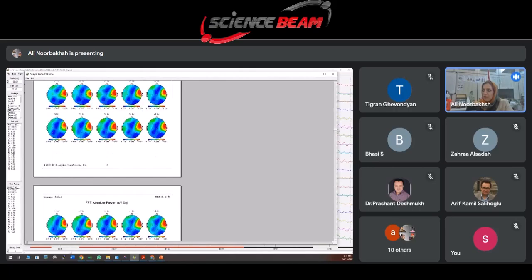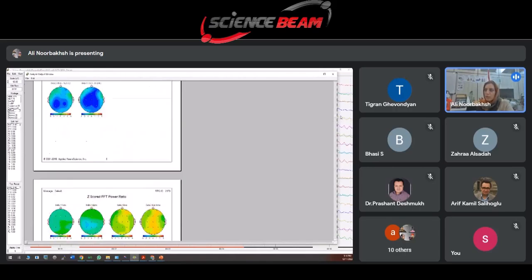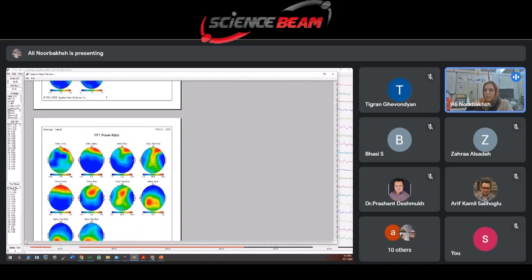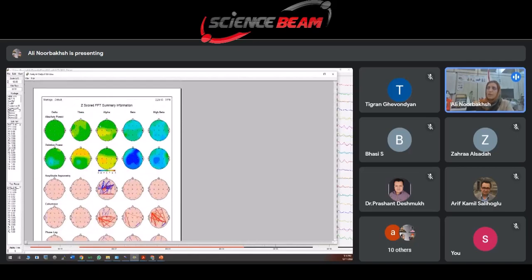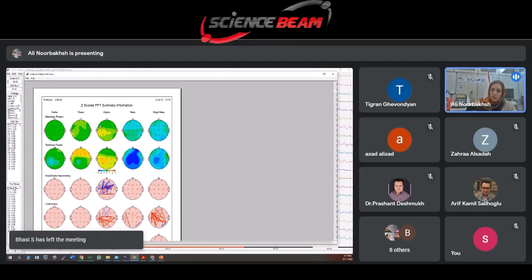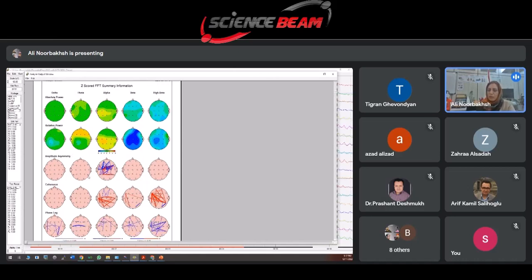And if you want, you can compare the left and right side with each other. When alpha increases on the left side, for example, maybe the client has depression. You can see alpha increase on the left side. Again, amplitude asymmetry and coherence are related to the network of the brain.